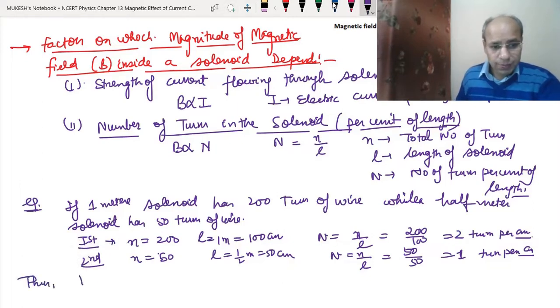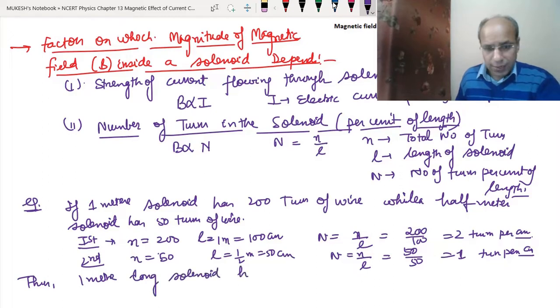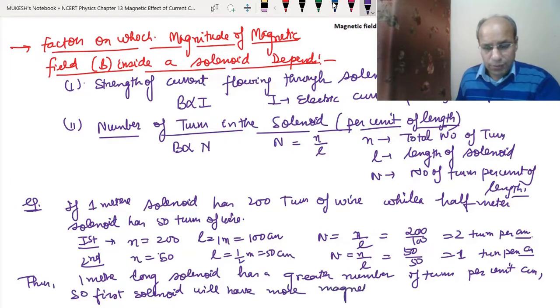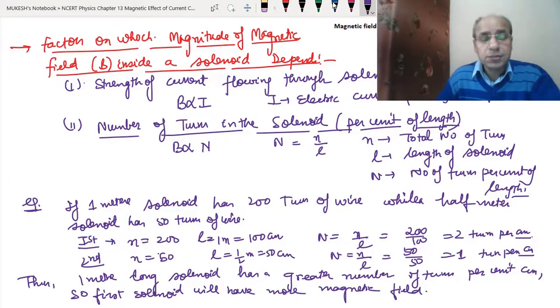Thus the 1 meter long solenoid has a greater number of turns per unit centimeter, so the first solenoid will have more magnetic field. I hope this is clear to you. So this is how the number of turns determines the strength of the magnetic field in the solenoid.